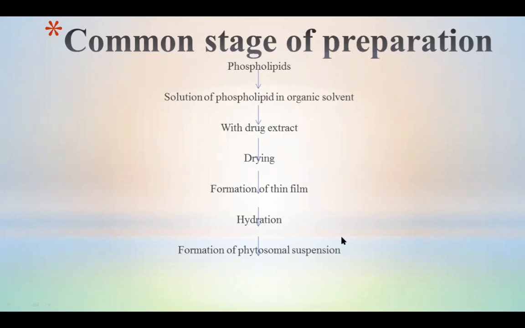So formation of phytosomal suspension. This suspension will make a clear phytosome. After formation of phytosomal suspension, we have to check the entrapment of the particular drug in phospholipids. It means checking the phytosome preparation or formation.